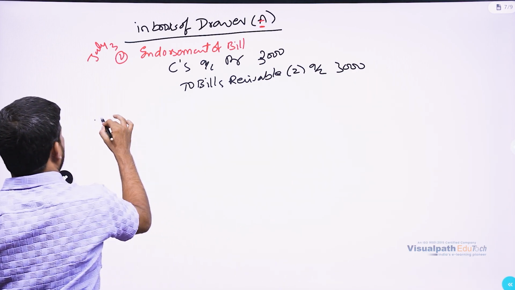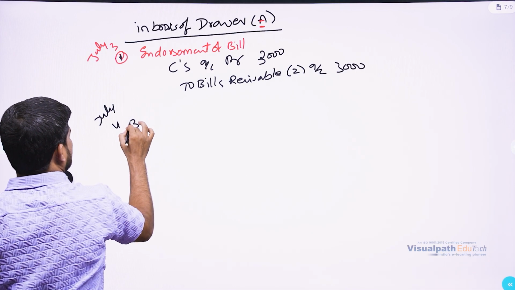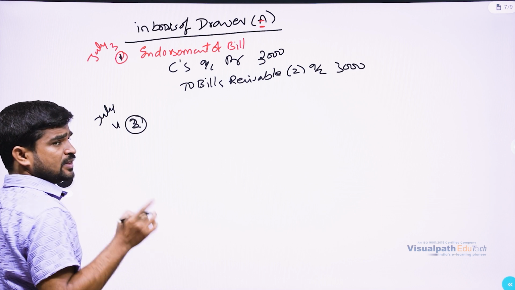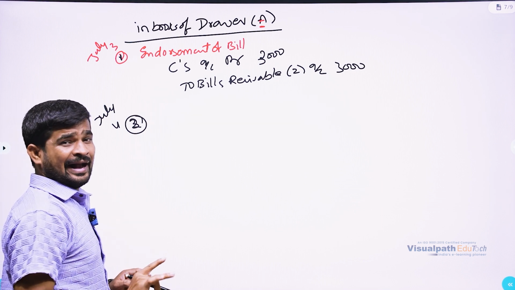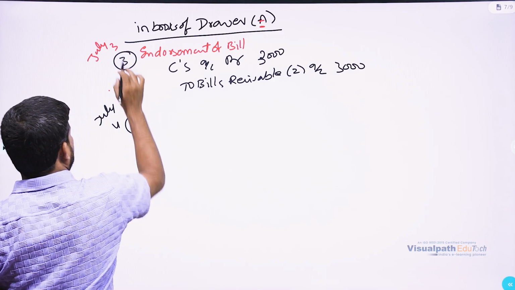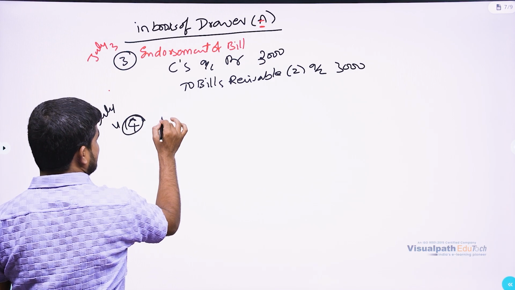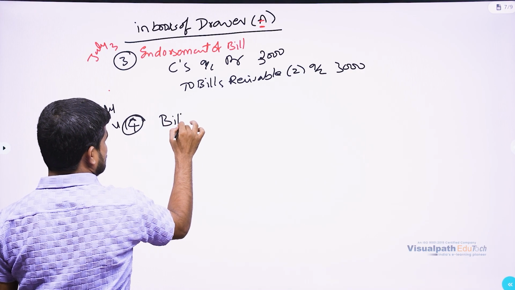And immediately on July 4th we will write in the order. On July 4th, this is the first entry and this is the second entry. If you count the bill drawn entry and purchase entry, this will be the third entry and this will be the fourth entry. On 4th July, the bill is sent to bank for collection. So what is the entry in this situation?